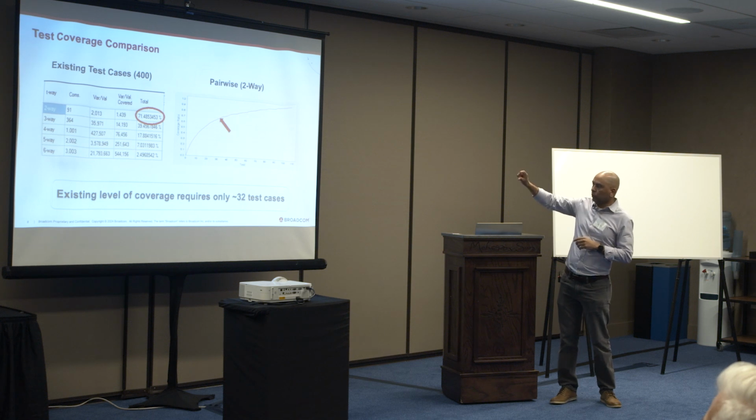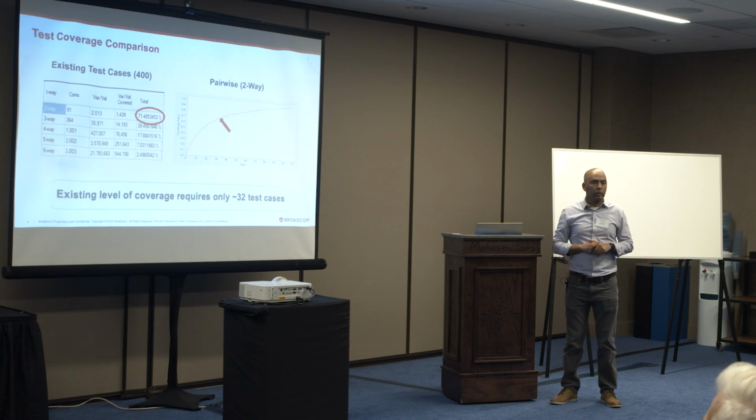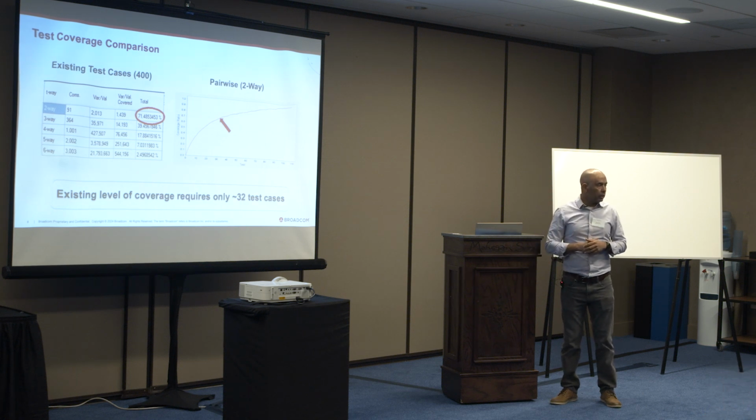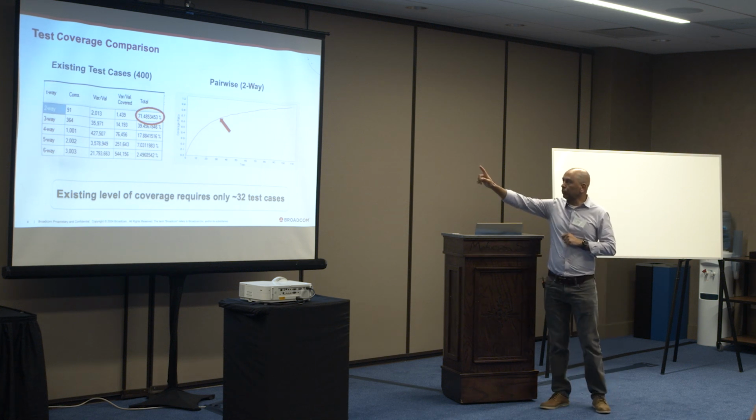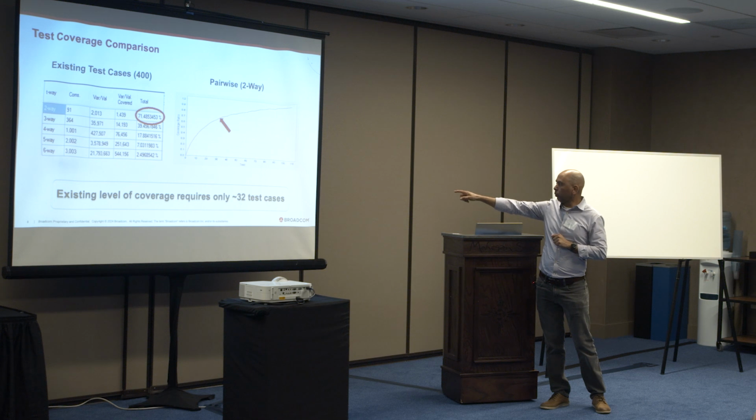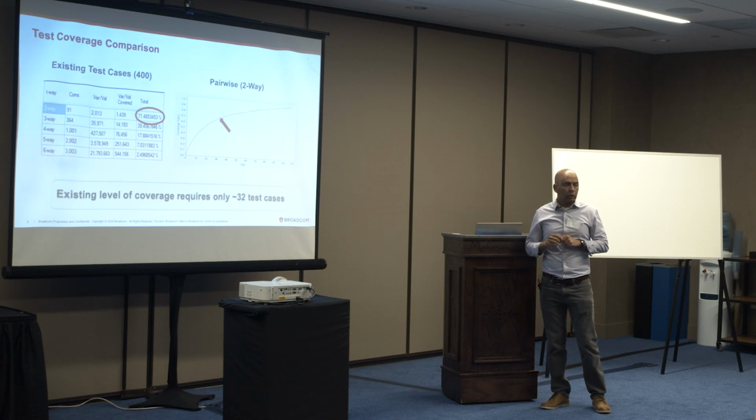This is the percentage of coverage you have for different levels of coverage. And then on the right side, I went ahead and generated new test cases based on this model-based testing. So what I found out is that those 400 test cases were doing the equivalent of 32 test cases. So that's all I needed to do the same amount of work.